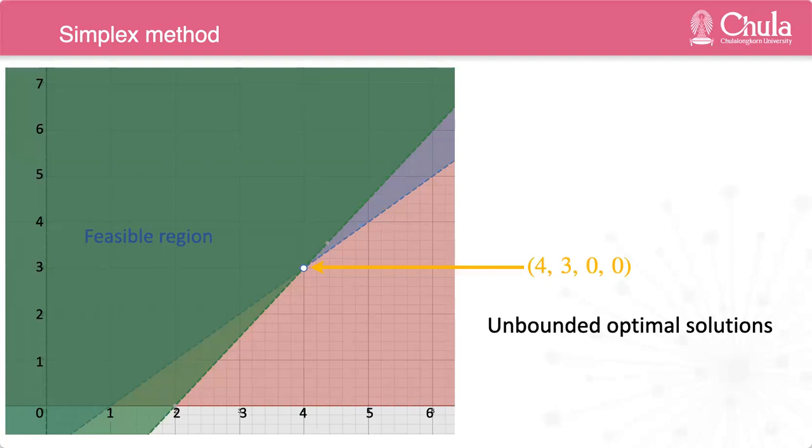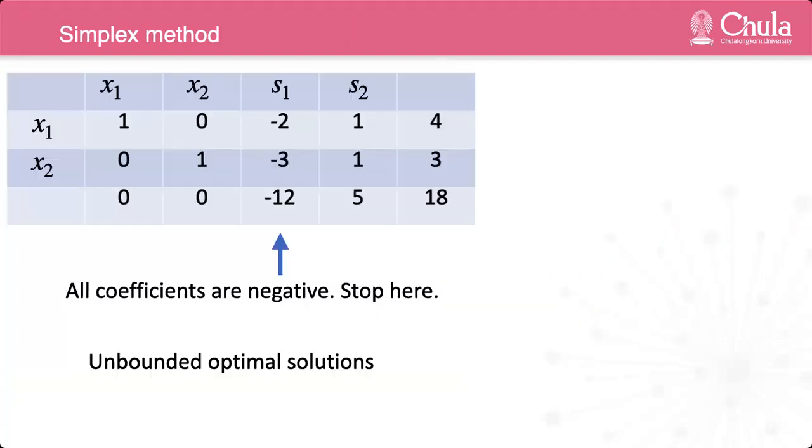However, we cannot go to the next point because they are unbounded. And you see that from the algorithm, it signifies that, well, we cannot further move to the next point.